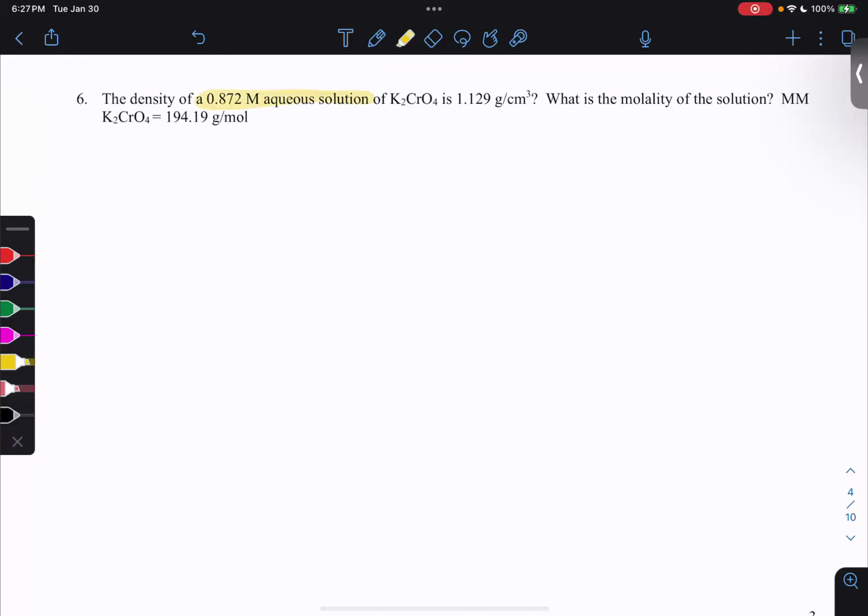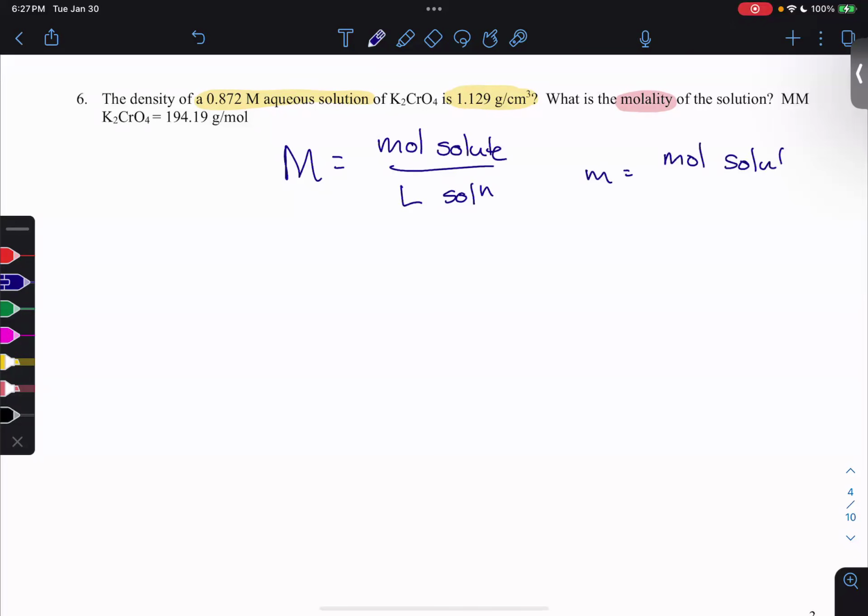All right, so we're given a molarity, and for some reason we're given a density, and we're calculating molality. Molarity and molality are different, so let's remind ourselves of the difference. Molarity means moles of solute over what? Liters of solution. Little m means moles of solute over kilograms of solvent.